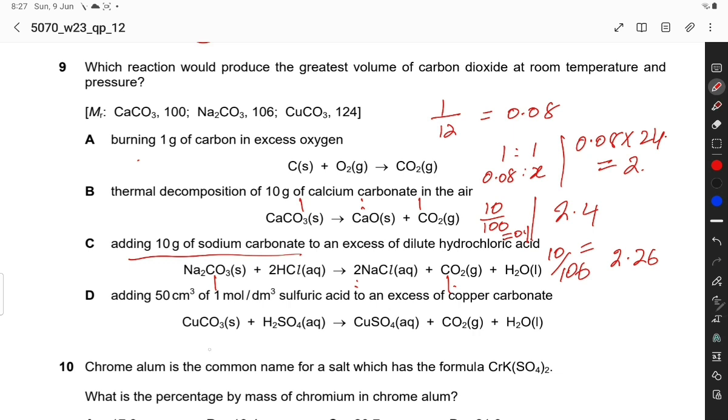And copper sulfate, 50 centimeter cube of 1 mole.